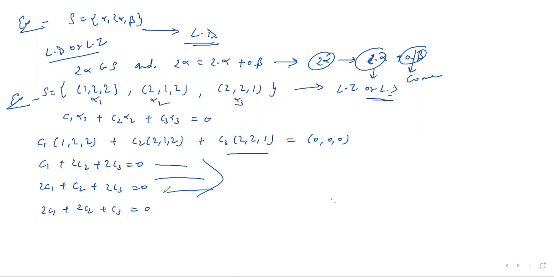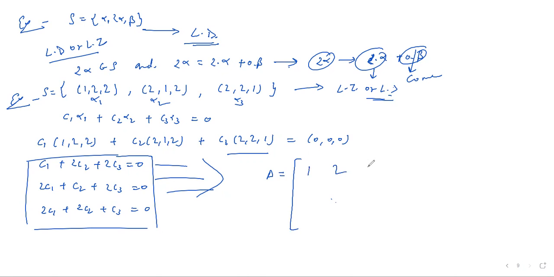Now we can solve this problem by transforming it into a matrix, because if I solve this by solving the equations, it would be a very complicated calculation. I'll transform this into the matrix form as 1 2 2, 2 1 2, 2 2 1.